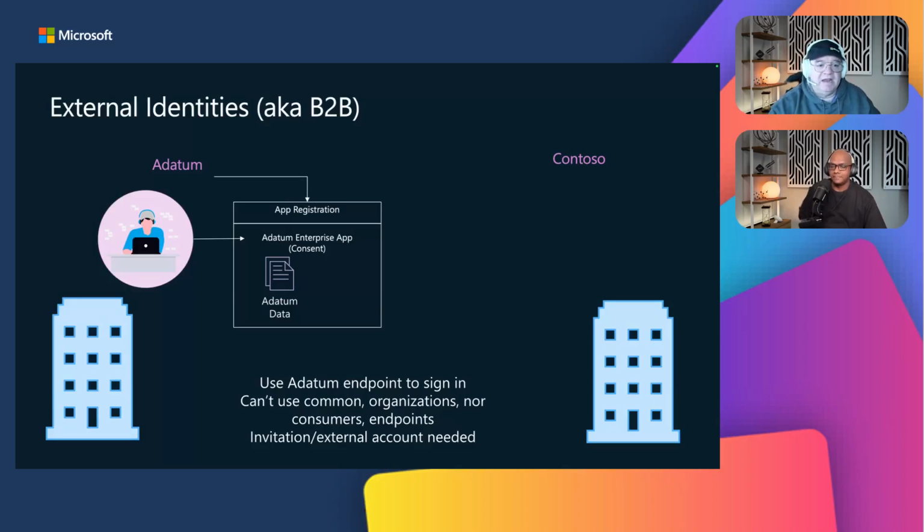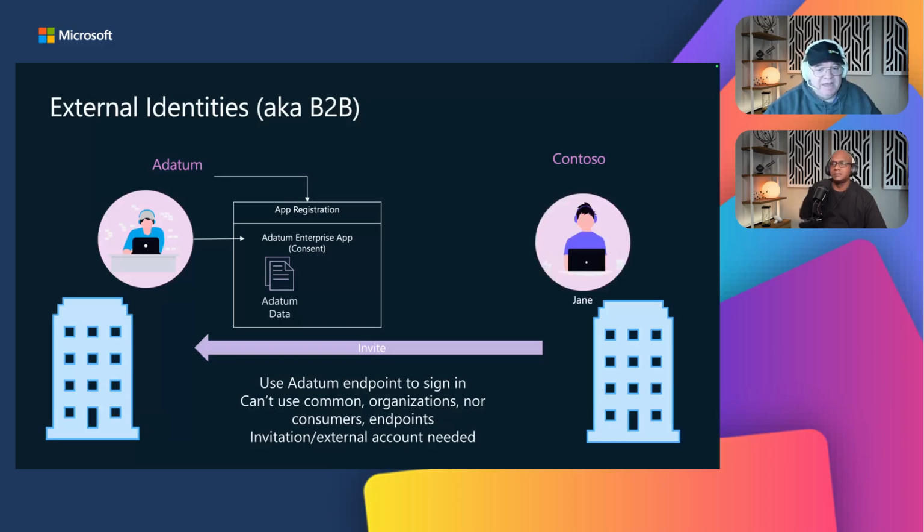So to do that, I could still have my line of business application. I could have a single tenant application registration. But in order for someone from Contoso to participate, I need to invite that user from Contoso to my tenant. And what we end up creating there is a guest object. So if I invite Jane to my tenant, she'll be sent an invitation.